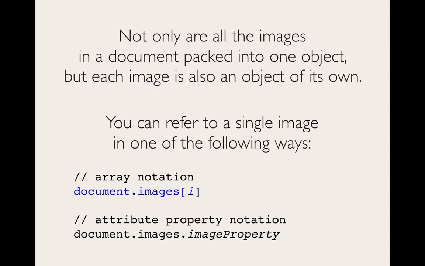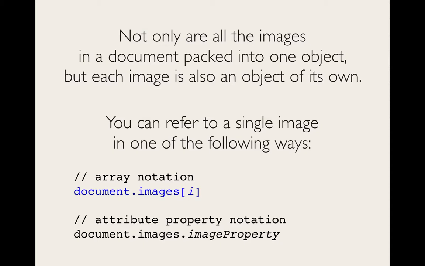You can look at it like an array that has a list of images that is referred to by its index or its number, because when you say document.images, it'll return a list of all the images on a page. You refer to 0, the first one, or any of them.